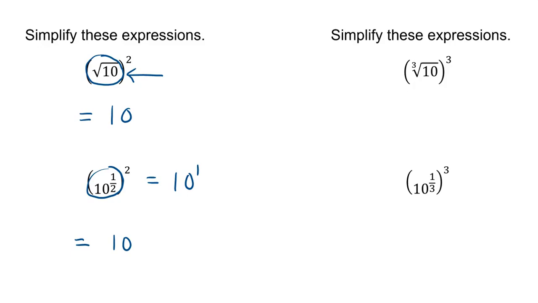So logically, that means that the square root of 10 must be equal to 10 raised to the 1/2 power, because when we square both of these, we get 10. So square root of 10 and 10 raised to the 1/2 power, they are the same thing.